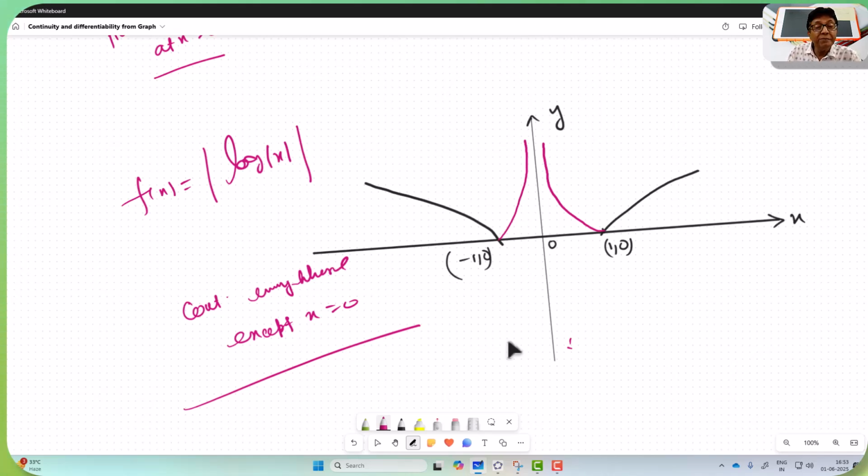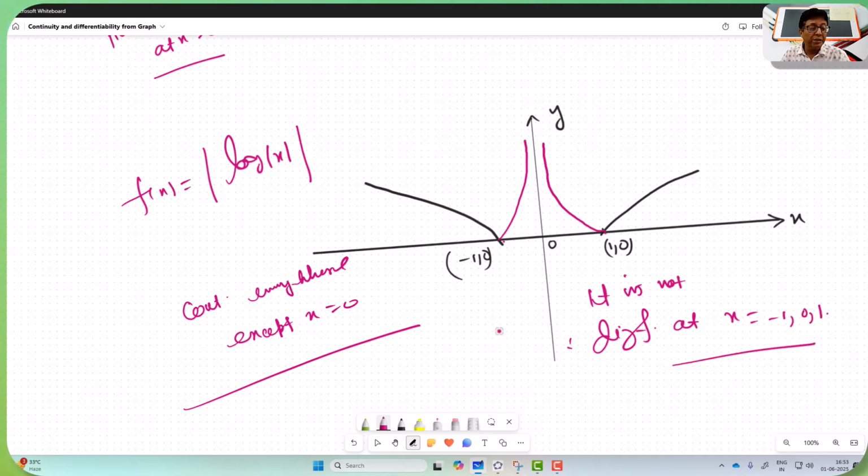At 0 the derivative is not defined. At (-1, 0) it has 2 derivatives. At (1, 0) it has 2 derivatives. 2 tangents, 2 derivatives. So the graph is not differentiable. It is not differentiable at x equal to -1 and 1, although it is continuous over there.